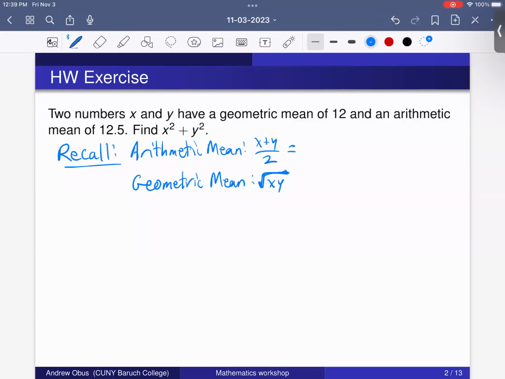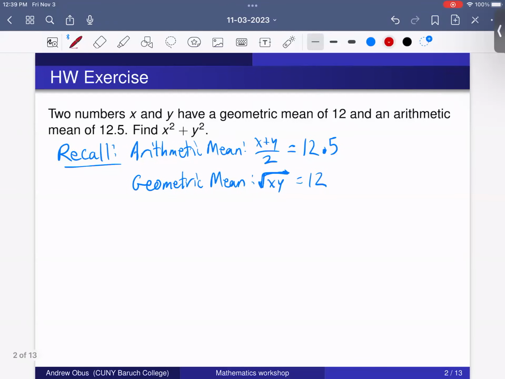Okay, so let me, I wasn't getting you so clearly there. GM will be equal to root of xy. Right, so we set these equal to 12.5 and to 12. Great. So for the AP, the first question, if you cross multiply, you get x plus y equals 25.